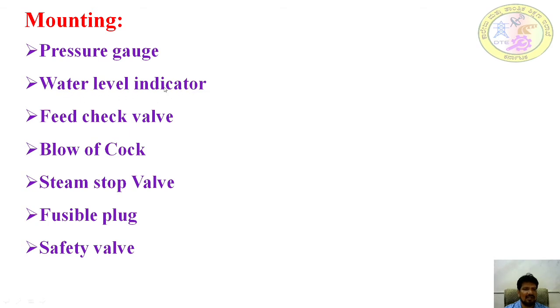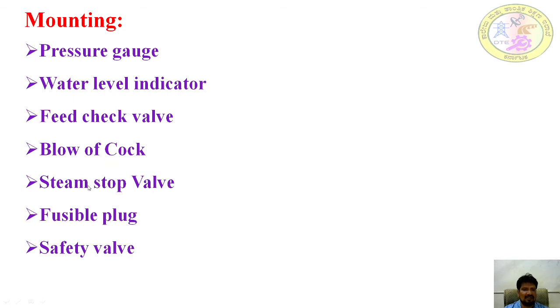Another mounting is the feed check valve, which is required to supply water into the boiler, and the blow off cock. Whenever we need cleaning, we completely remove the water from the boiler. Also any dust particles or mud contained in the water will be removed through the blow off cock.